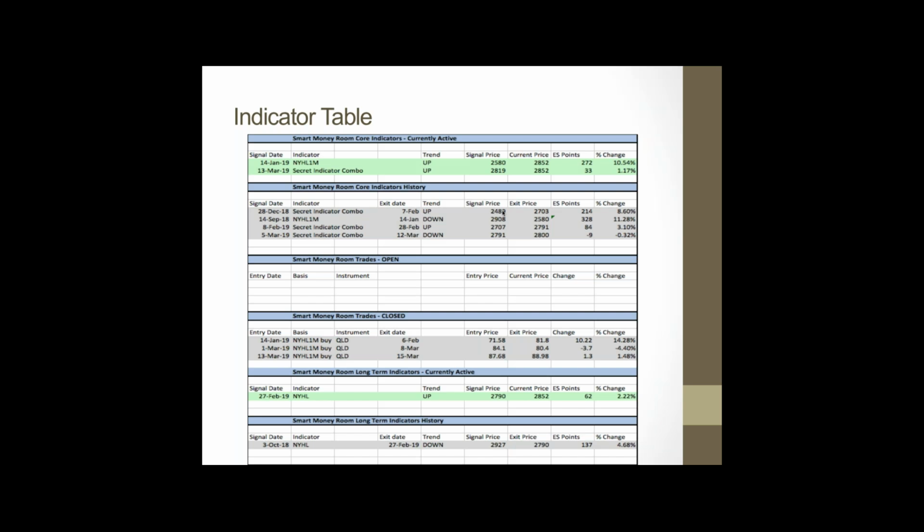So if somebody is long an instrument, they might be willing to sell some calls or buy some downside puts, or lighten up their core position and look to add it back based on periods of time where, whether it be the RAS or one of the secret indicator and the NYHL1M, however you're trading them, you can use the inputs from the other to make adjustments, or you could just use it as an all in, all out type of trading system.